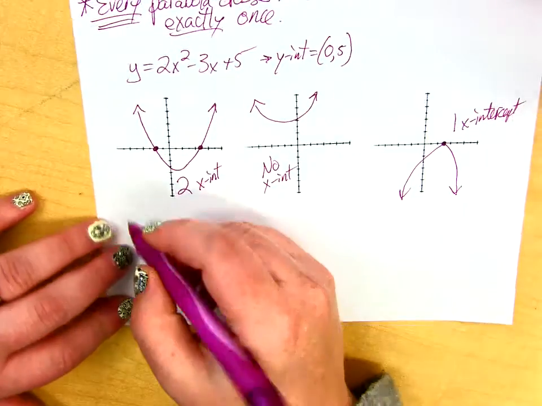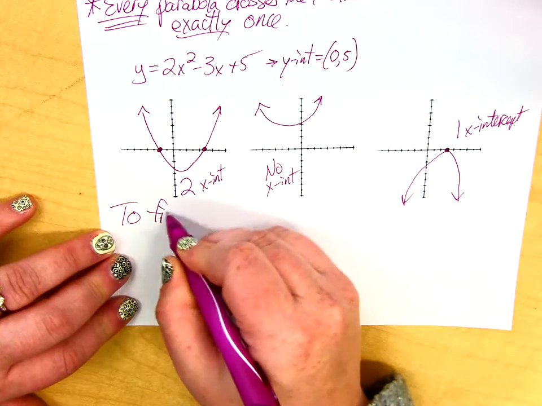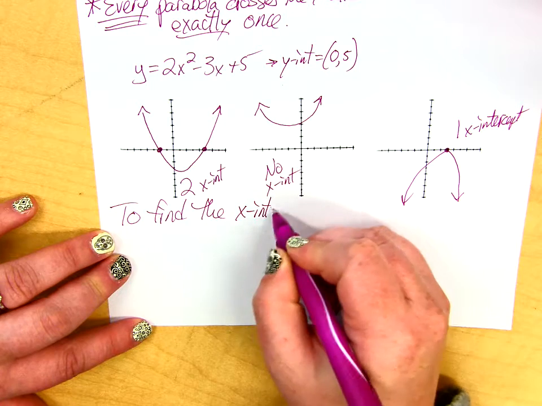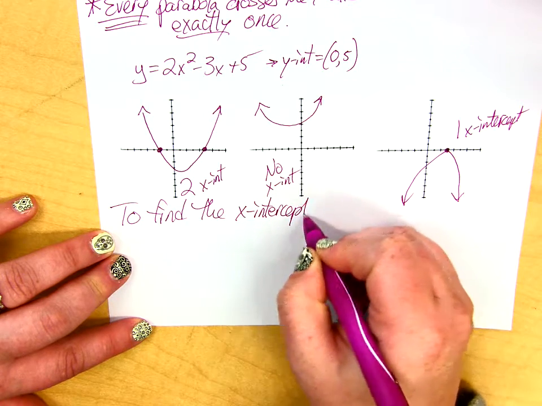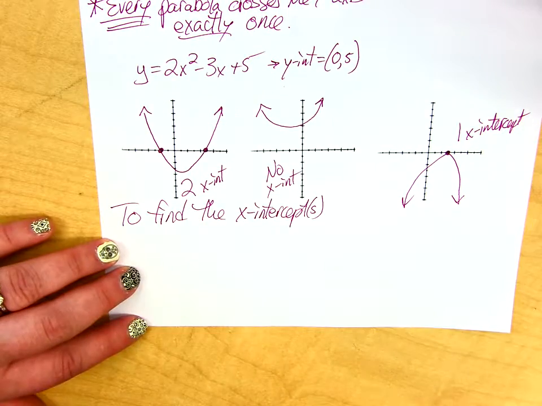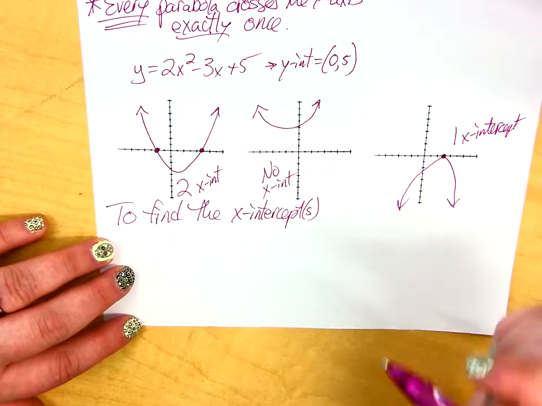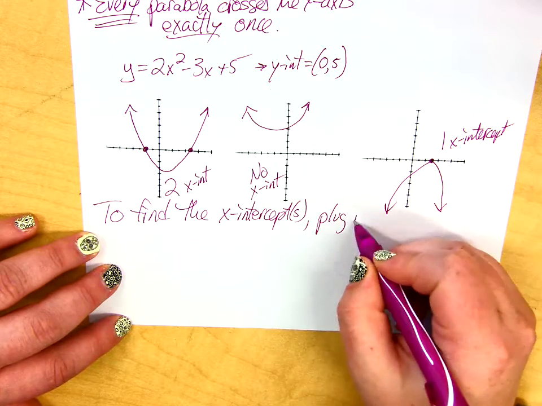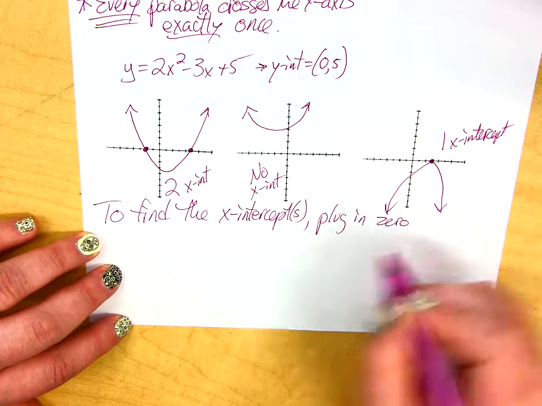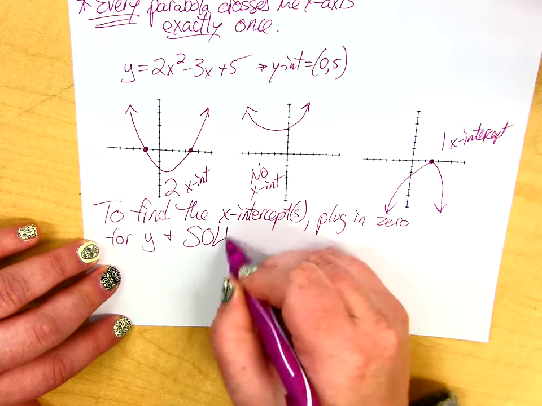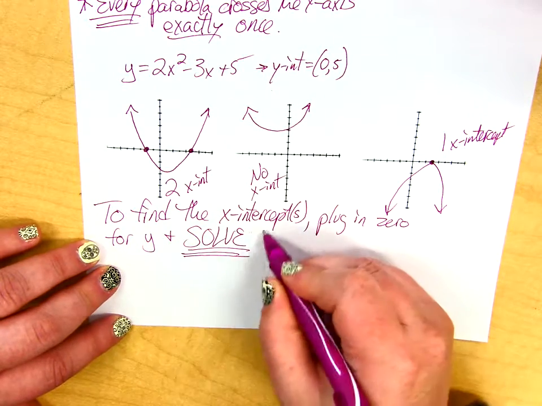So to find the x-intercept, or intercepts, because you could get 2. Most of the time you're going to get 2, but it can happen that you get none or just 1. Plug in 0 for y and solve the quadratic.